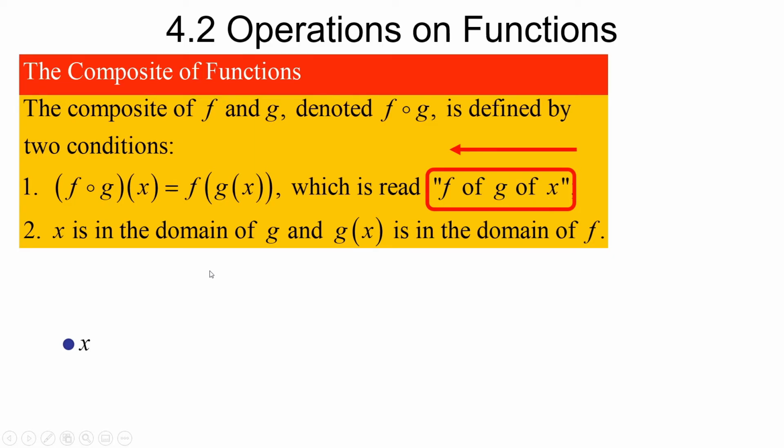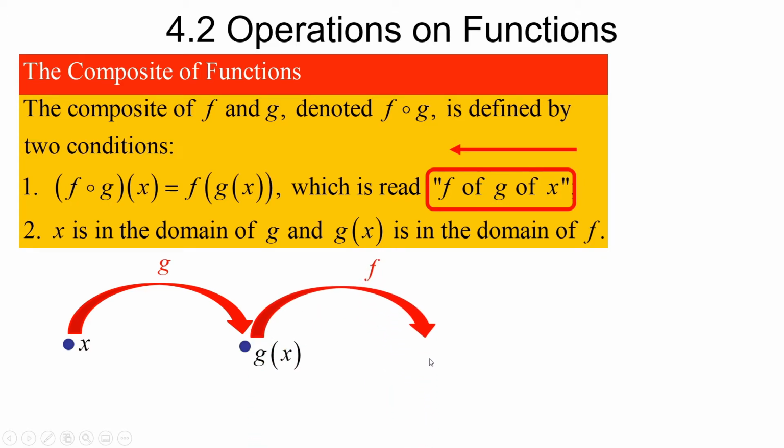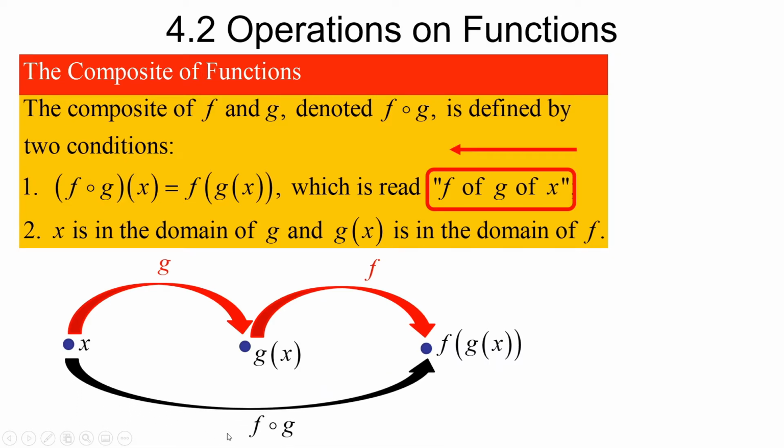Let's apply the function g to that, giving me that g of x. And then what am I going to do to my g of x? I'm going to apply the function f to that to get what? That's right, f of g of x. So f of g of x is equivalent to f composed with g, just like that. That's a great diagram.